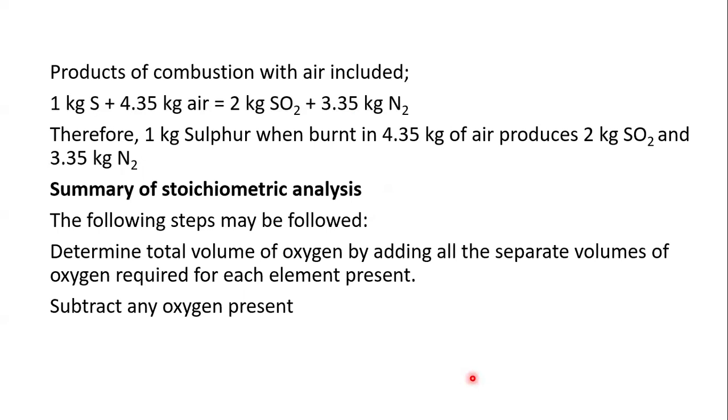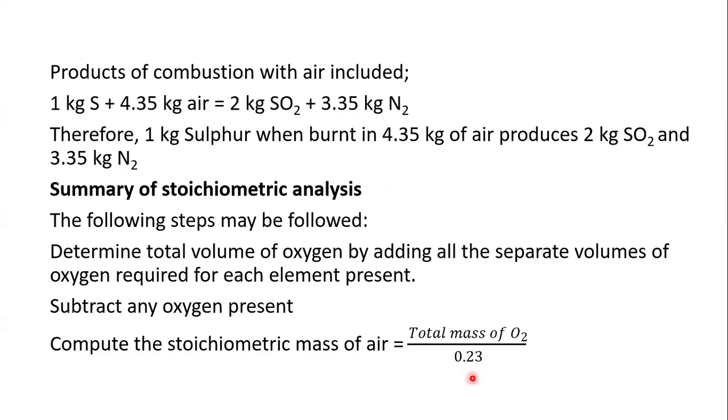So if it's already there, it has made your work easier. So the oxygen present in the fuel, whatever amount, whatever percentage, you subtract as you calculate how much oxygen you need to get from the air around.